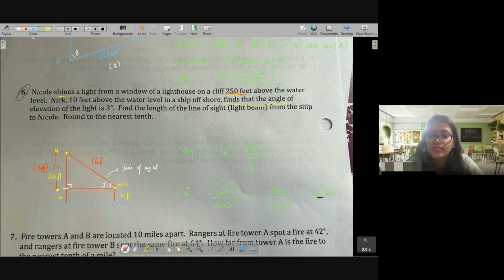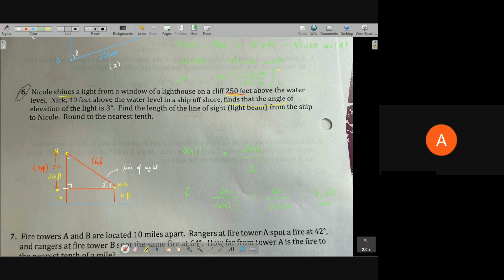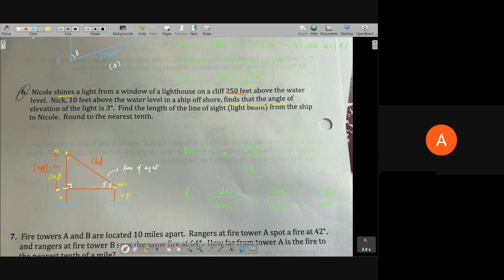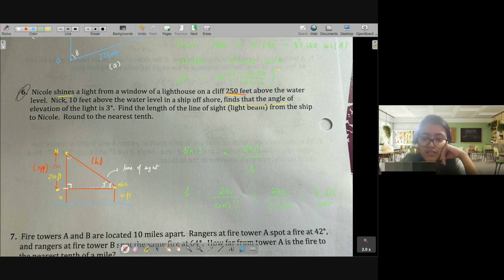But just check, have you entered the angle in degrees or radians? It should be in degrees. 240 divided by sine 3. Yeah, I'm getting 4,585. Really? Okay, I'll show it to you on my calculator.